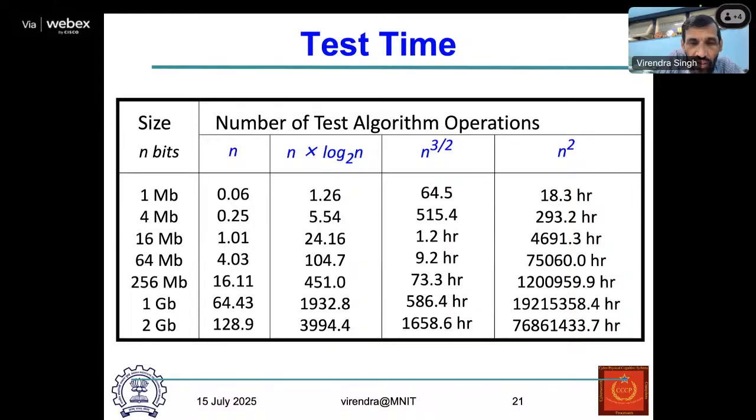And if I have n elements and you are doing n operations with every element, the complexity would be n multiplied by n, that is n square. Now you can see the difference, that's very important. Let's say I have 1 MB memory, so n is 1 million bits.